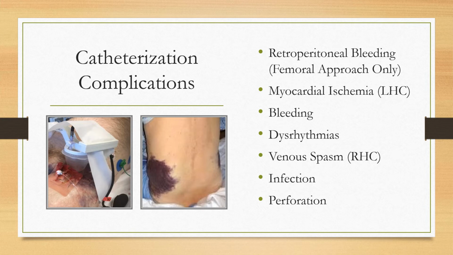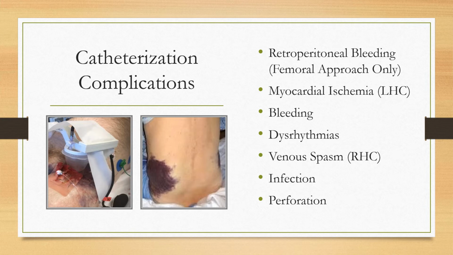Okay. Myocardial ischemia. So, that's with a left heart catheterization, where we threaded the catheter up, and a complication occurred with the coronary arteries, and one of them became blocked. Okay.